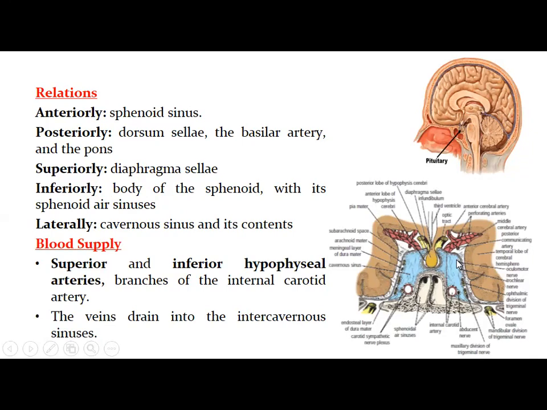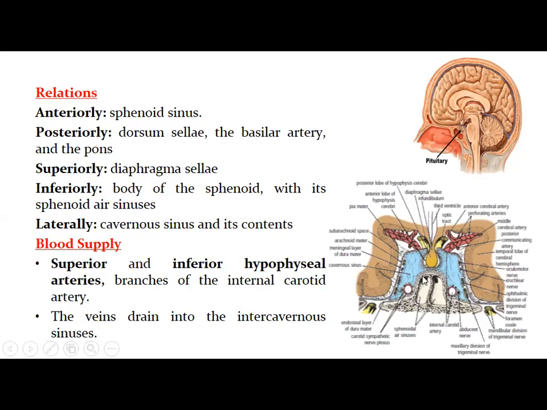So this is a venous sinus of the brain, which is present on either side. Along with that, there are many important cranial nerves in relation to the pituitary. Here this is the cavernous sinus, and there are very important nerves. The third, fourth, and sixth cranial nerves are all in direct relation, as well as the internal carotid artery.